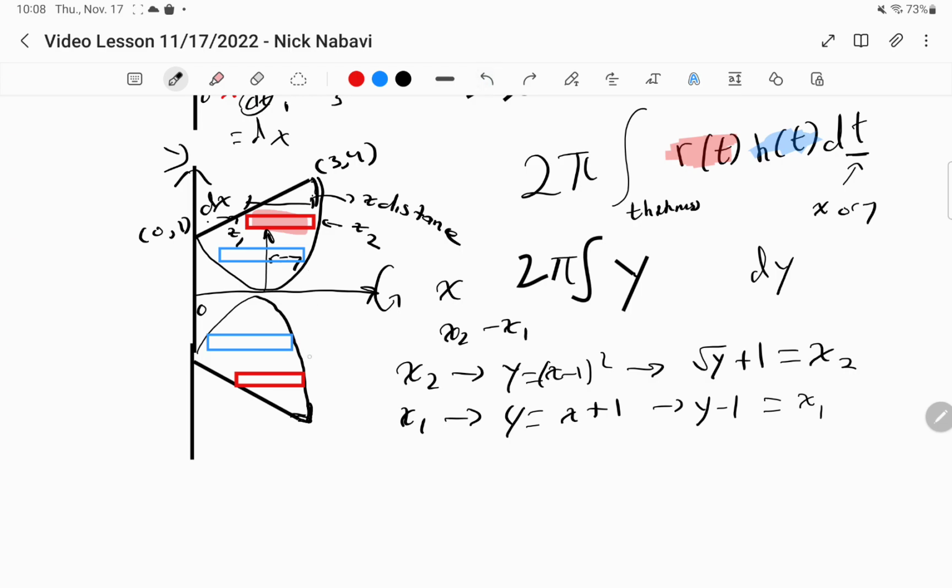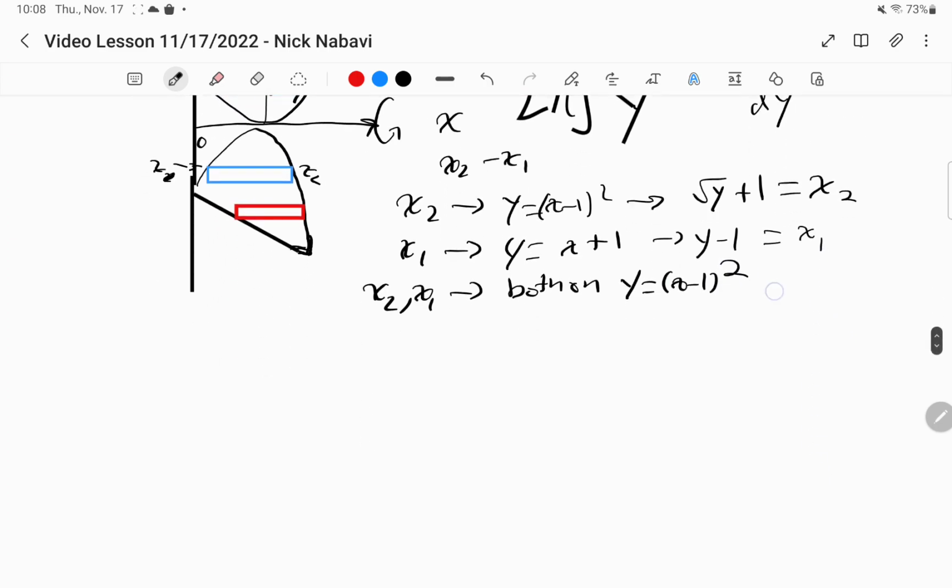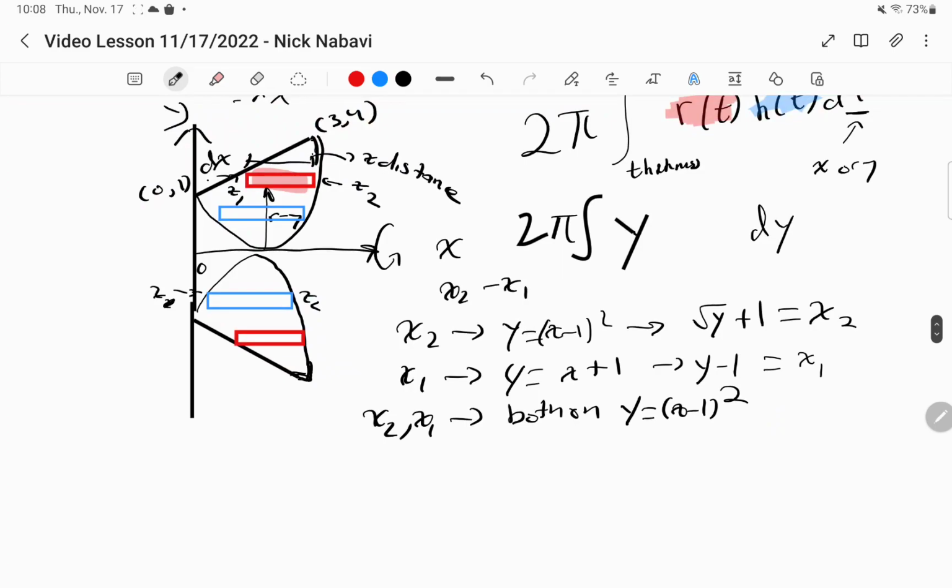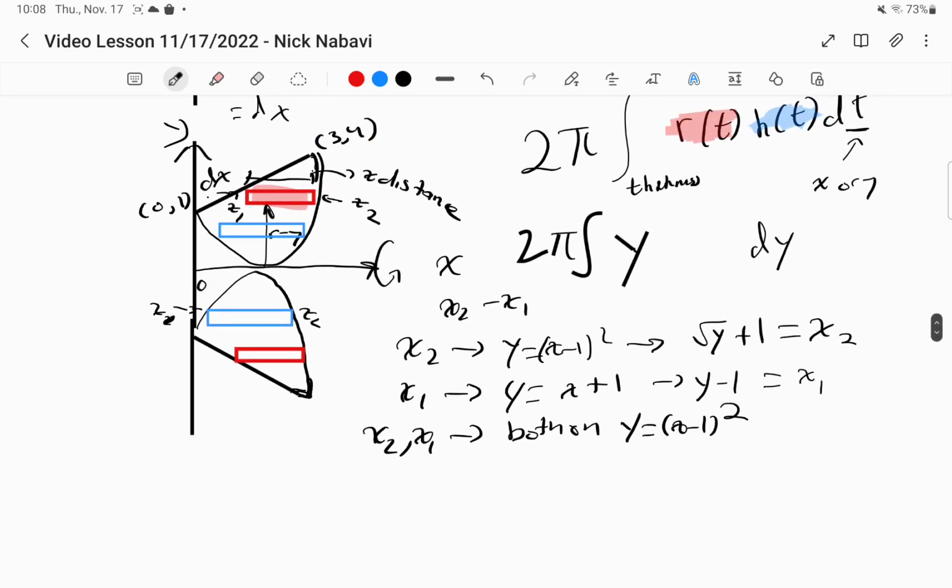In this case, what's the height? Well, this is x2 and this is x1. But in this case, x2 and x1 are both on y equals (x minus 1) squared. And why is that? Well, it's because this parabola isn't a one-to-one function, right? You can't take the inverse of a parabola. You remember the horizontal line test? If you draw a horizontal line, it crosses the curve twice.